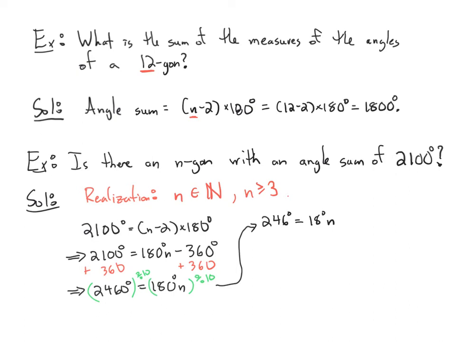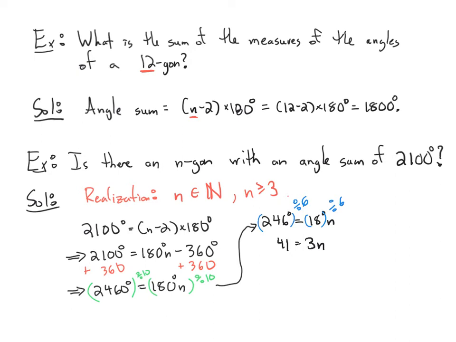So let's divide by 6 as well, just to make our life a little easier. Again, you don't have to do this. You could divide by 18 at this point with some long division if you wanted to. And 246 divided by 6, you can check, is going to be 41 equals 3n.